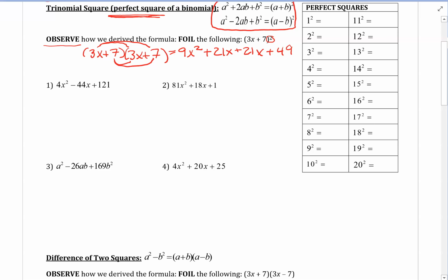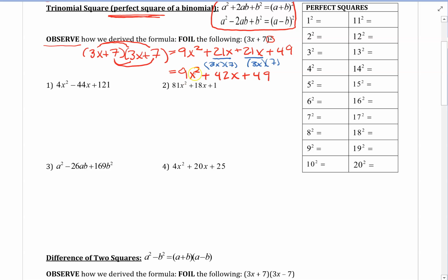Notice that in the middle, we had two terms that were identical, two identical products of 3x times 7. And then those like terms add up, and we have a final result of 9x squared plus 42x plus 49.